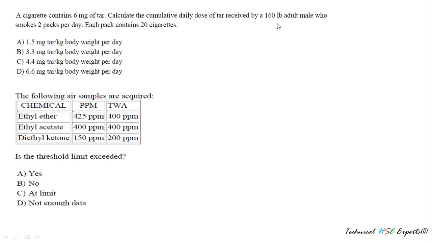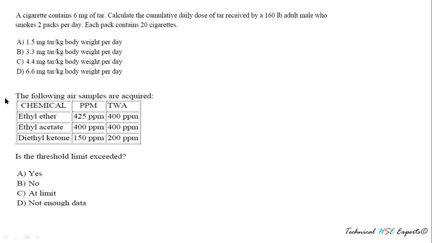Divide by 2.2, since 1 kg is equal to 2.2 pounds. 160 divided by 2.2 will come to 72.73. 240 divided by 72.73 will give you the answer, 3.3. Yes, it will be option B.